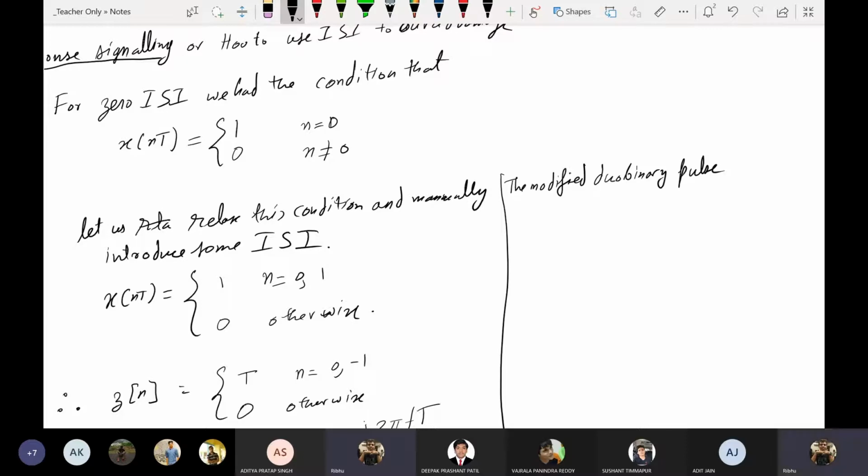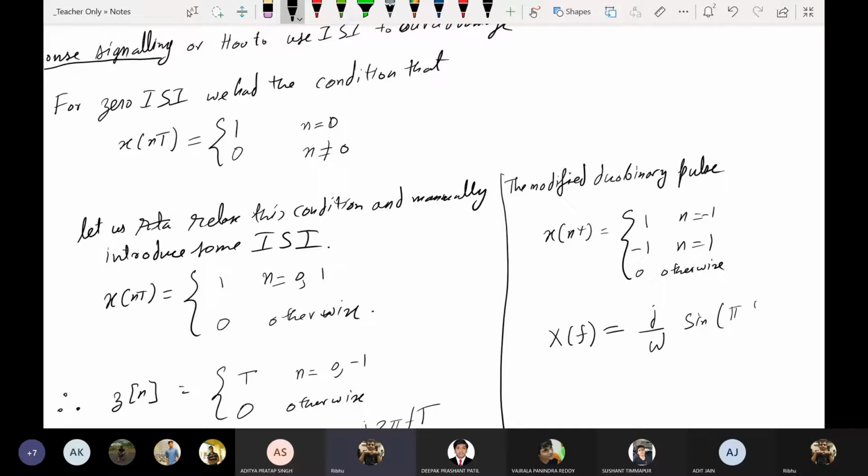And using similar jugglery, you can show that sine, okay, sine.